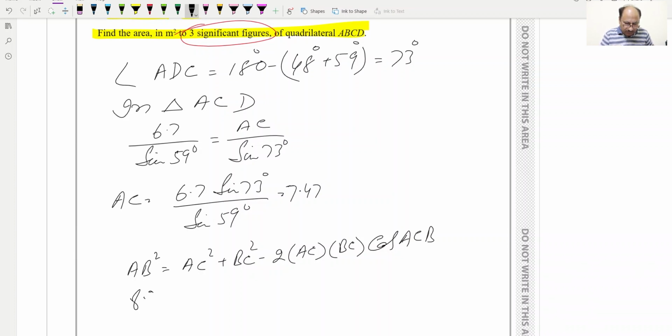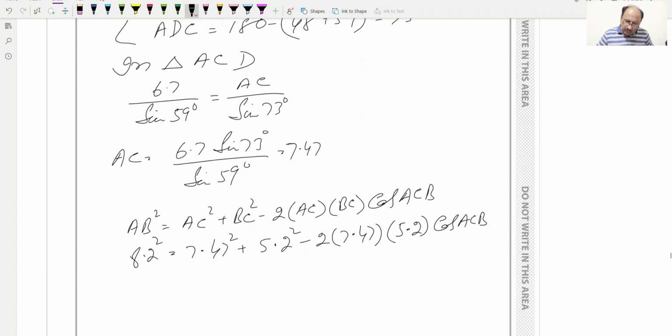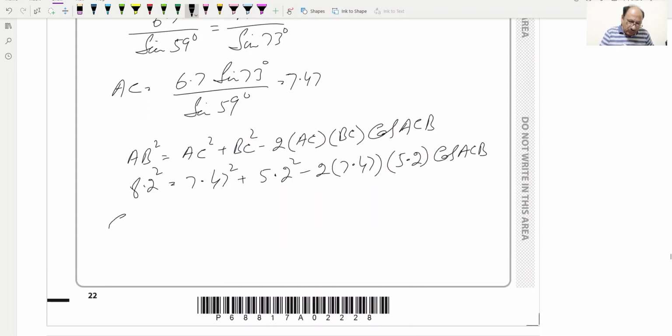AB is 8.2, so 8.2 squared is equal to 7.47 squared plus 5.2 squared minus 2 into 7.47 into 5.2 into cos of ACB. Now cos of ACB will be equal to 8.2 squared, and everything else shifts to the other side, so minus 7.47 squared minus 5.2 squared, divided by minus 2 into 7.47 into 5.2.